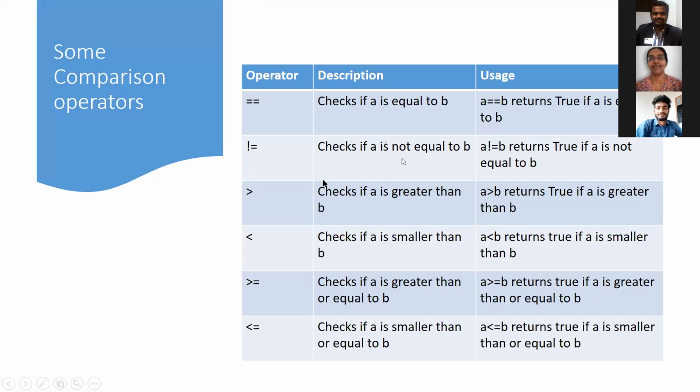This checks if A is not equal to B. So A not equal to B will return true if A is not equal to B. It works the other way; it is actually the opposite of the first one. So similarly, you have this greater than.